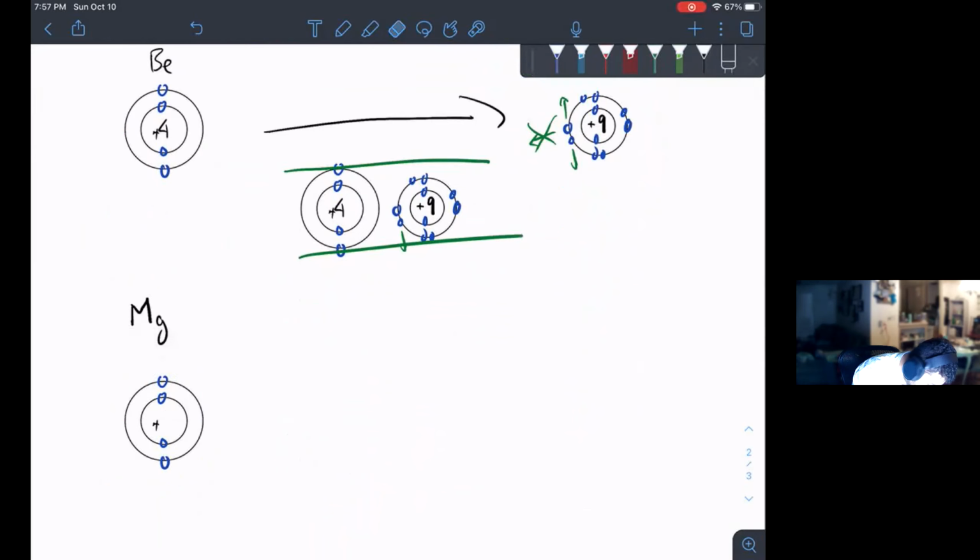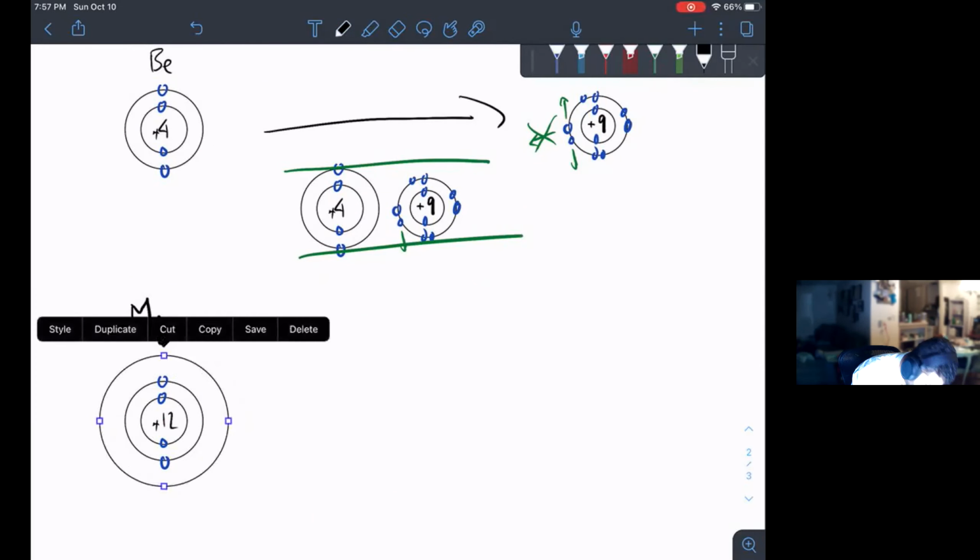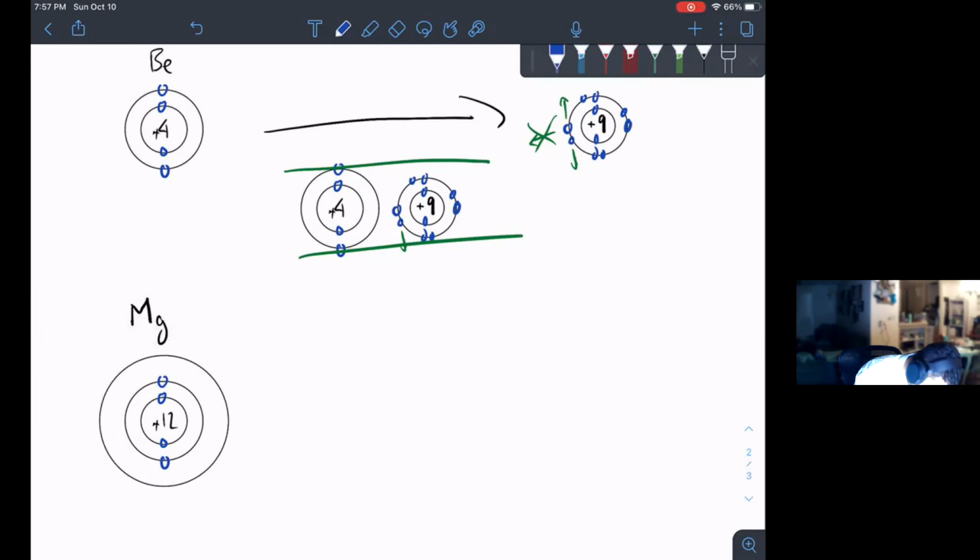Magnesium is not +4, it's actually +12. And you would think that, but the problem is magnesium has a whole other energy level. It needs another energy level to contain all of its electrons. And that's going to increase that distance.